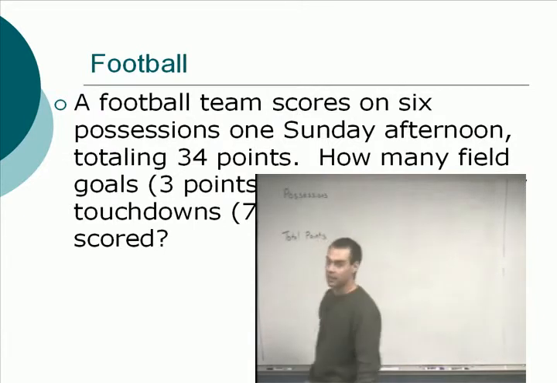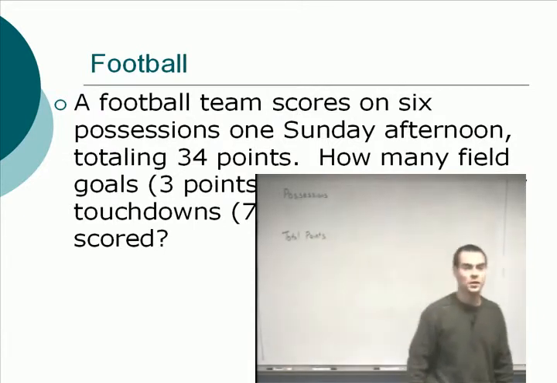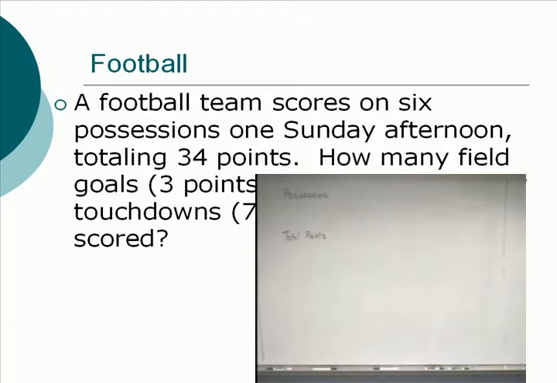Once you've decided that, the next thing you need to do is decide what two things you are actually trying to find, and give those two things variables. And don't always just rely on x and y. That's not exciting. You want to choose variables that will make sense in your head and help keep track of what you're doing. Well, what two things are we trying to find here? The number of touchdowns and the number of field goals.